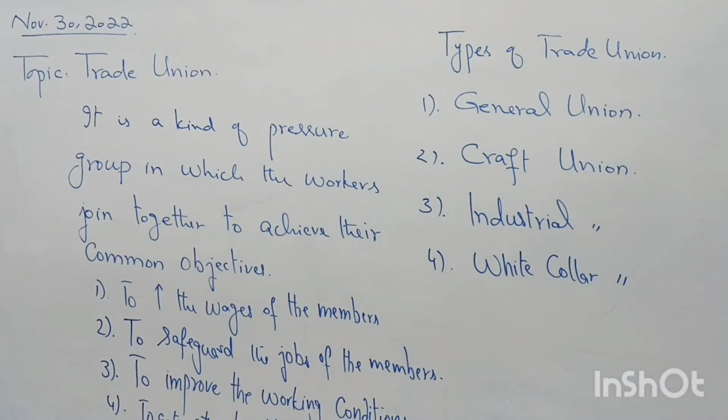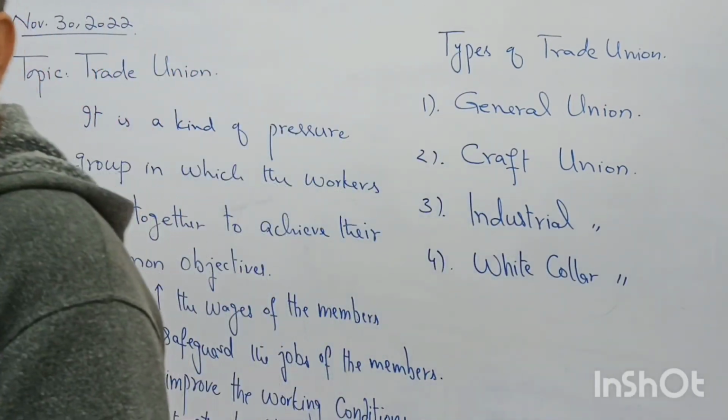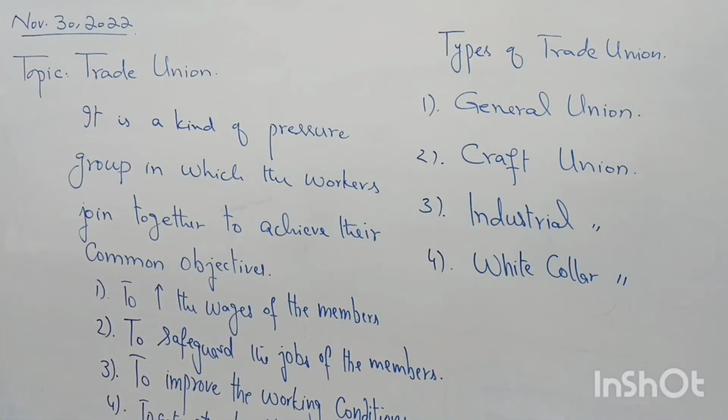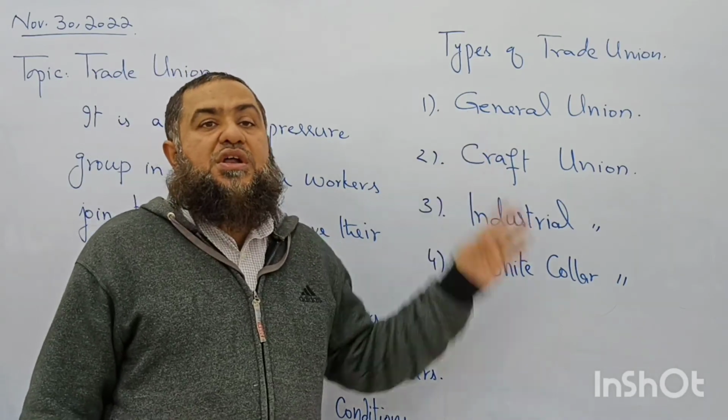Or the doctors union, young doctors medical association, you can say. So that is a doctors union or teachers union, pilots union. Okay, white collar union is the union of executives. If they make a union, that is called white collar union.